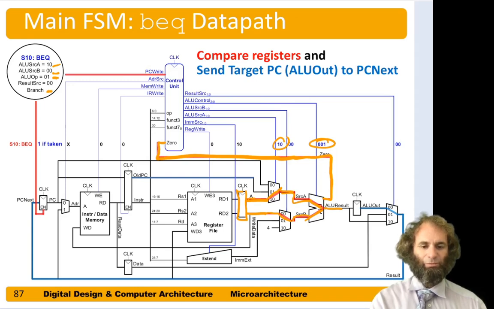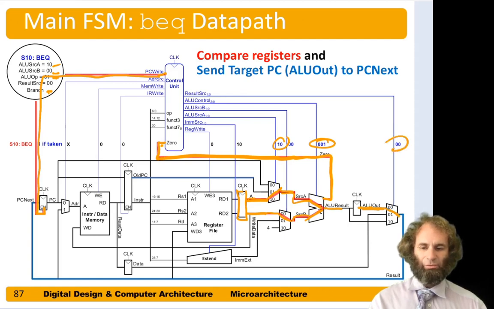You may remember from the controller, if branch is true and 0 is true, then PC write gets asserted, and we will write the program counter with our branch destination. The branch destination we obtained because the PC plus offset was sitting in ALU out after the decode step.